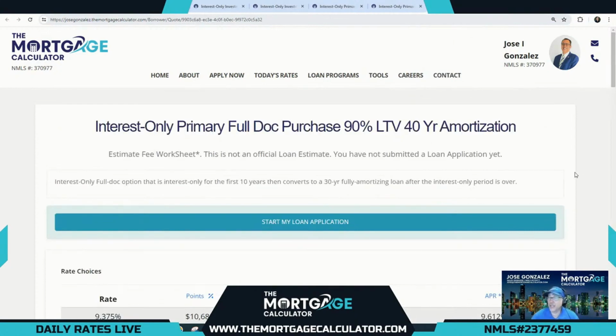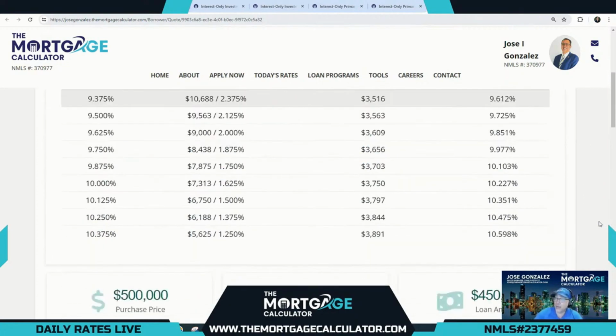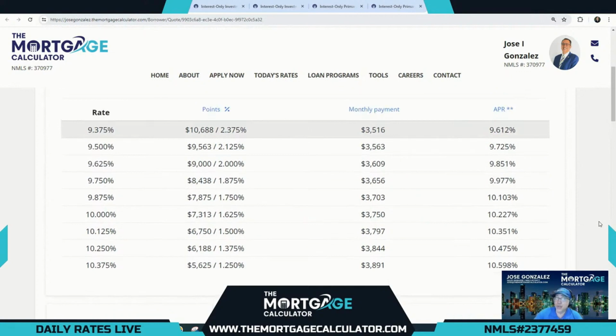So now I basically ran the same scenario, but with the 40-year amortization option, which then makes this interest only for the first 10 years. And then at the end of the interest only period, it becomes a 30-year fully amortizing loan. So good rates as well. 10.375% is our lowest cost option, and 9.375 is our lowest rate option.